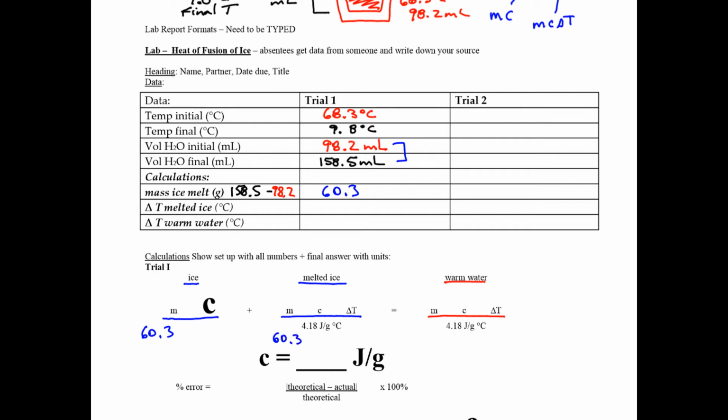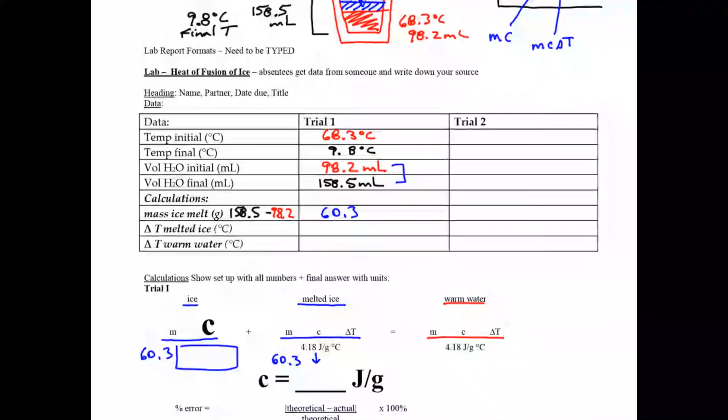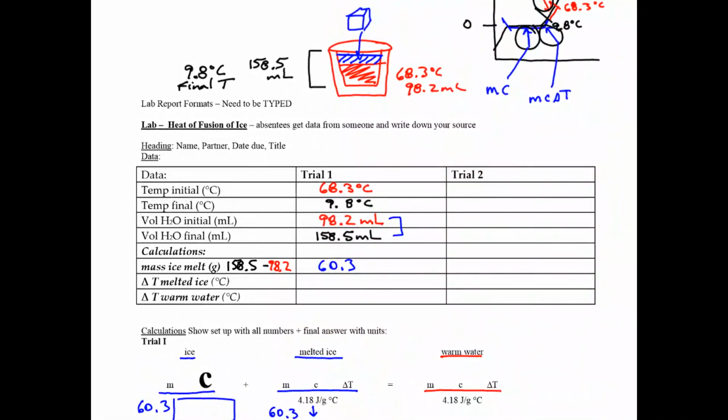All right, we don't know the heat of fusion of ice. That's the whole point of this lab. We're trying to find that. Now, we already know that 4.18 joules per gram degree Celsius is the C value for zone 3, and then now we need to know the delta T of the melted ice. So let's look back at our drawing. The ice went from 0 to 9.8.